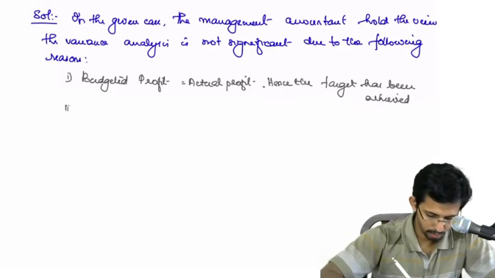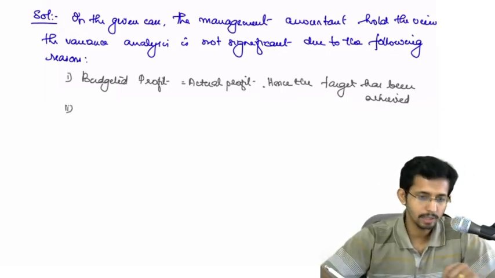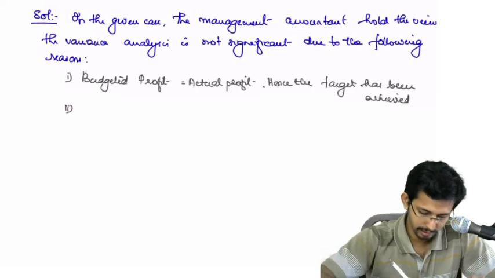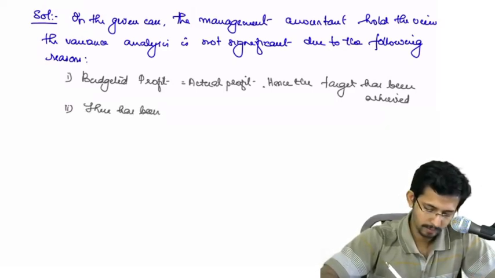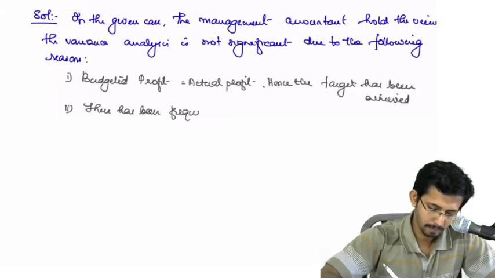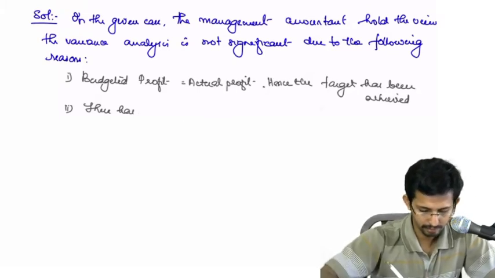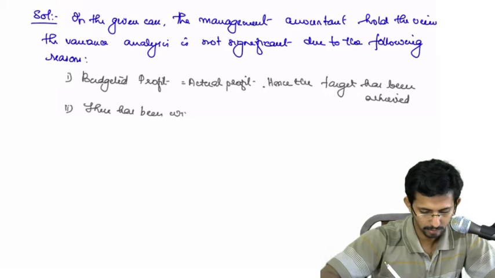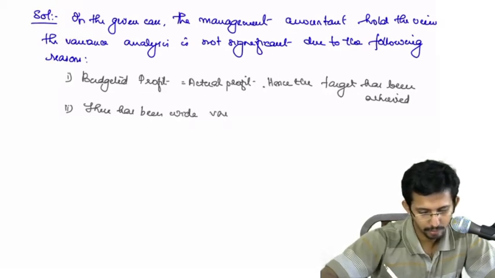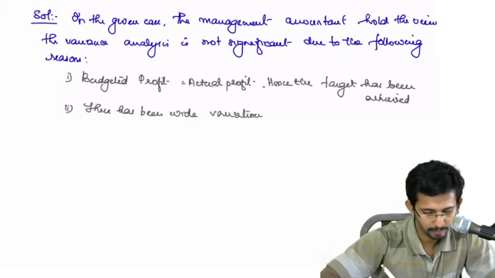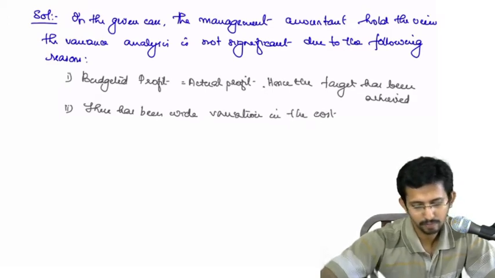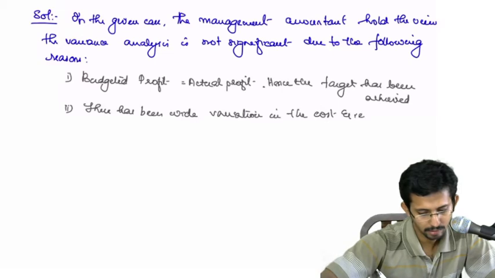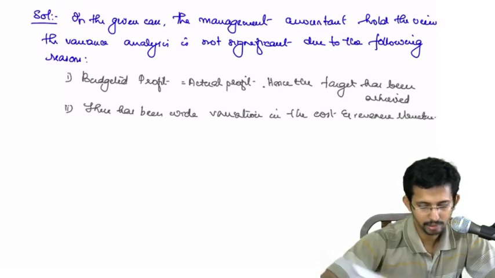Then two, what is the second aspect? The second aspect is that there has been a wide difference or wide variation in the cost and revenue structure.